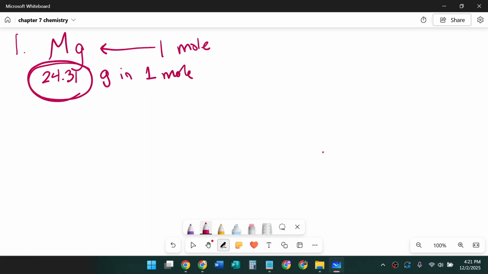So if you want a mole, you've already got the number. You don't even have to do math for this one. 1 mole means 24.31 grams, because the pink box on page 199, number 2 tells us that atomic mass unit is the number of grams for a mole. So bam, that one's done.